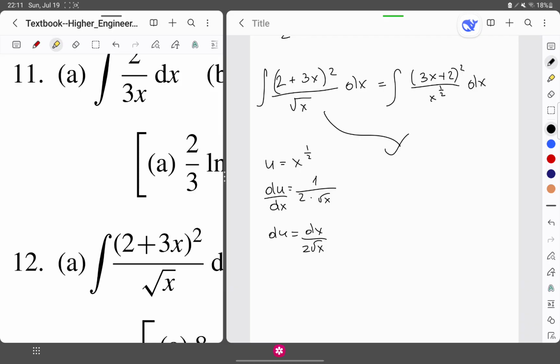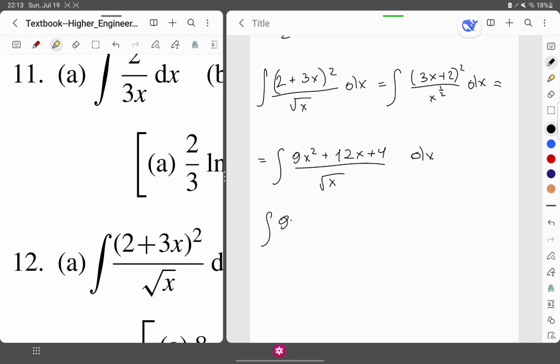Okay, how can I do this in another way? Because it doesn't work right now. I should try another method for this question. Let's say that 9x squared plus 12x plus 4 times x to the power of negative 1 over 2.